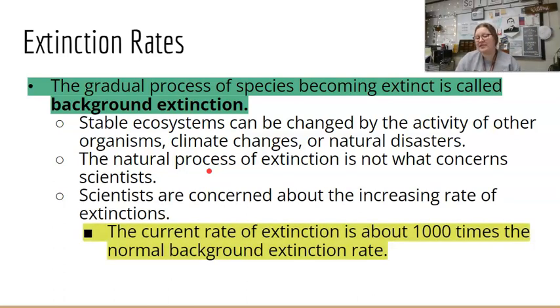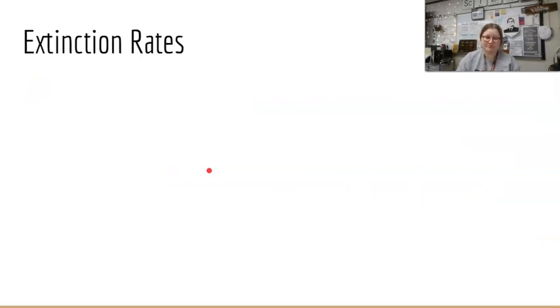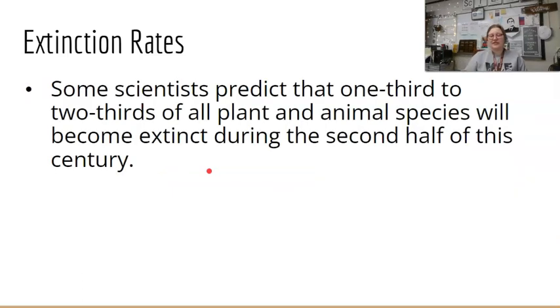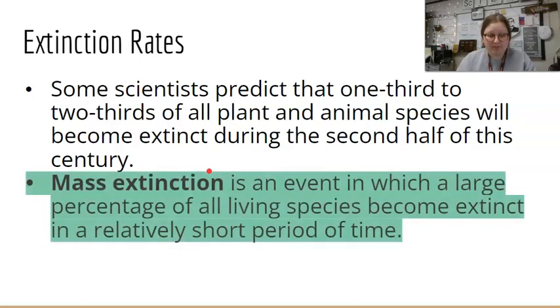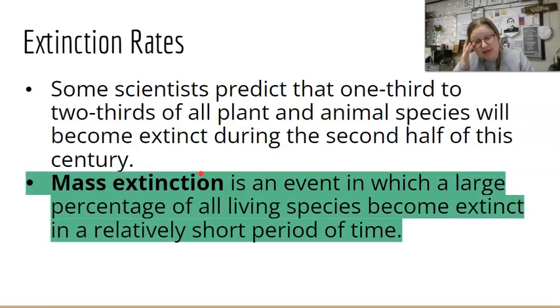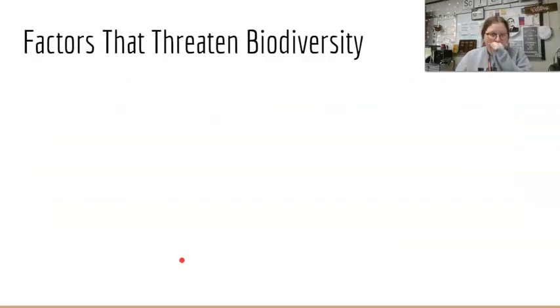The current rate of extinction is 1,000 times the normal background extinction rate. Some scientists predict that 1/3 to 2/3 of all plant and animal species will become extinct during the second half of this century. Mass extinction is an event in which a large percentage of all living species become extinct in a relatively short period of time.